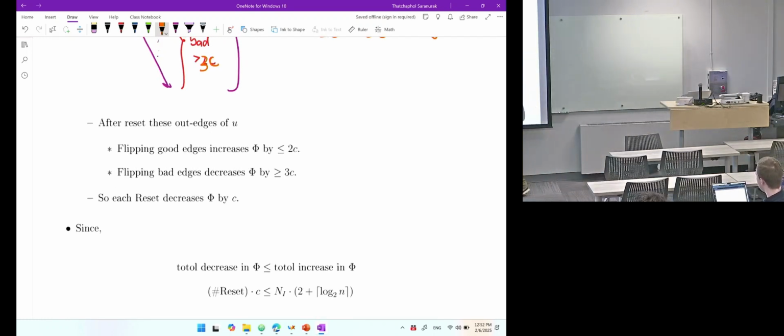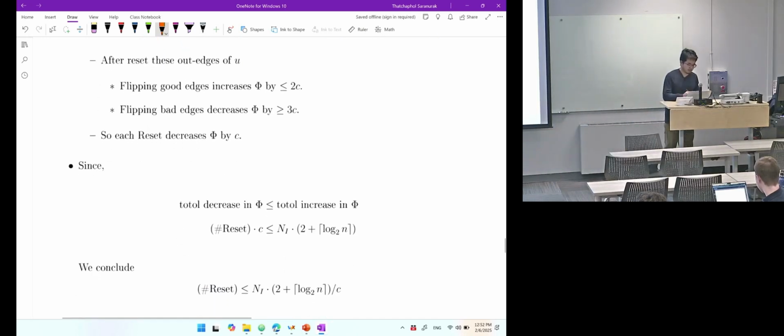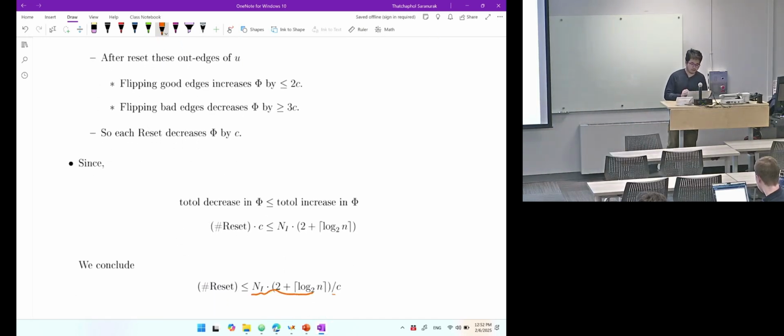The total number of increase in phi is at most this, and the total number of decrease is this much. So we get that the number of resets is just this thing, N i over C.